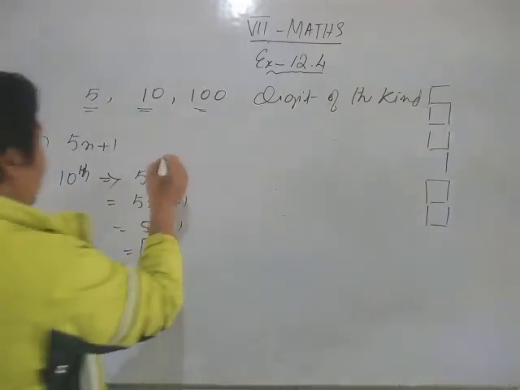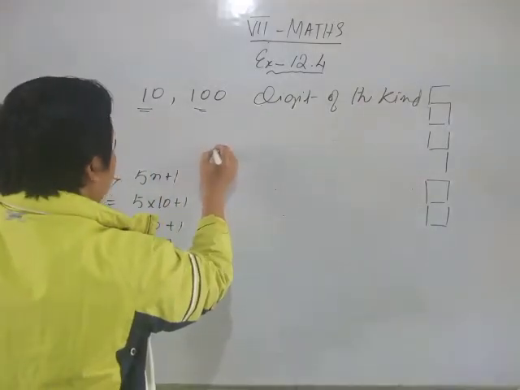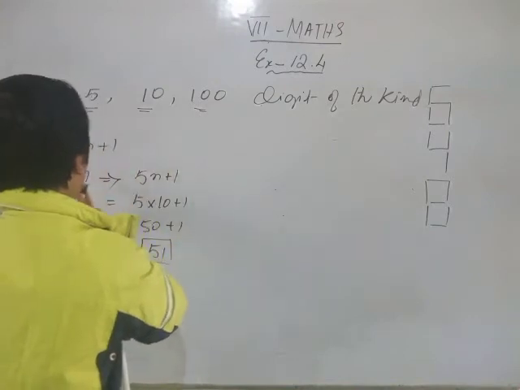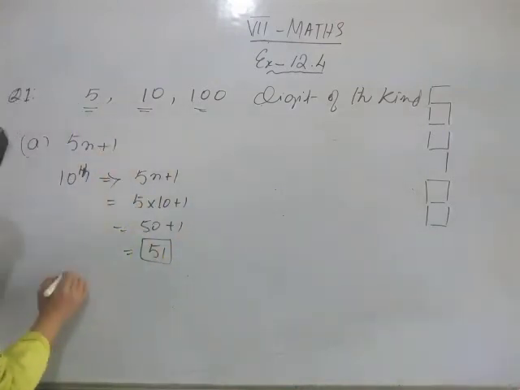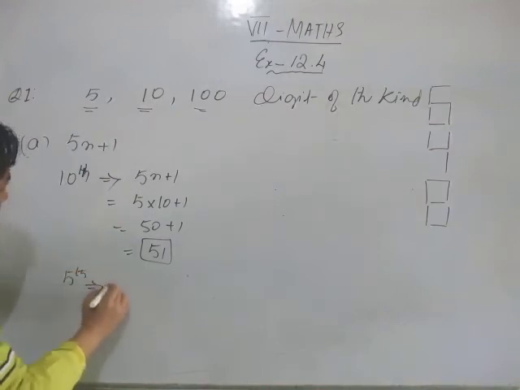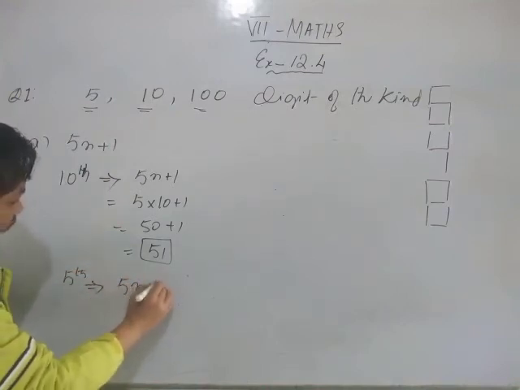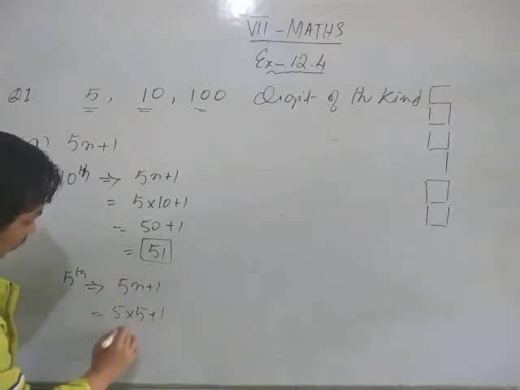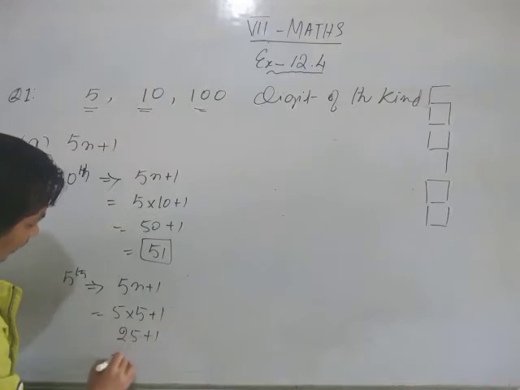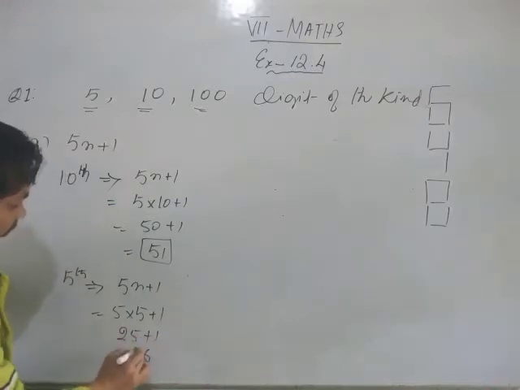Then for 5, you get 5n plus 1, that is 5 into 5 plus 1, 25 plus 1, that is 26. 26 segments will be required, isn't it?